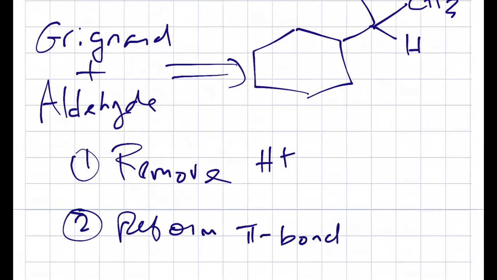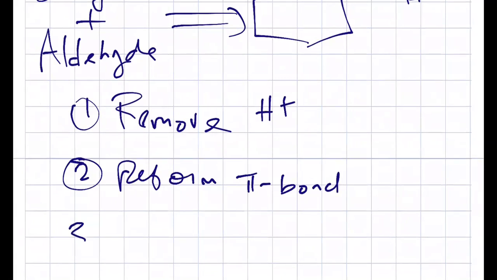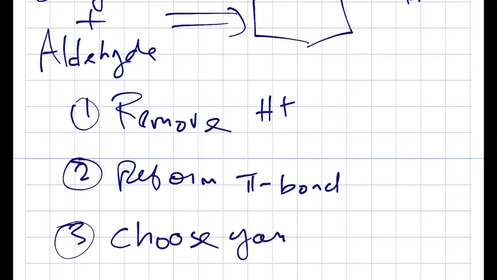So take off H plus, reform the pi bond, and then the third one is arbitrary, but I'm going to show you there's more than one way to skin a cat. So you choose your leaving group. That's the third step, choose a leaving group.